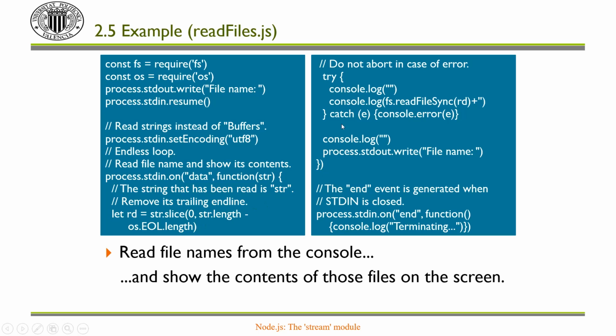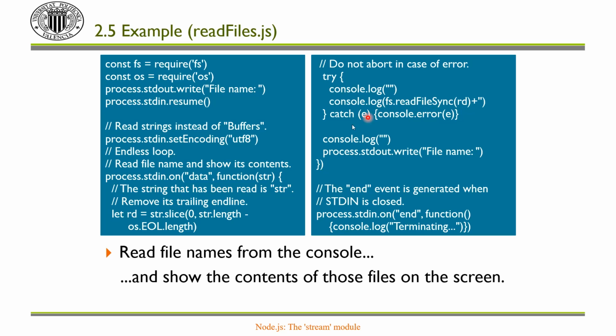So, in case of error, these two operations may generate an exception. We, with that file name, try to read the corresponding contents. And perhaps, if we have incorrectly introduced an invalid name, this attempt of reading the file will raise the exception.